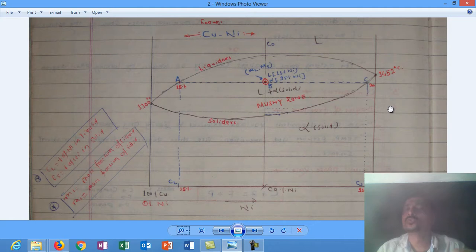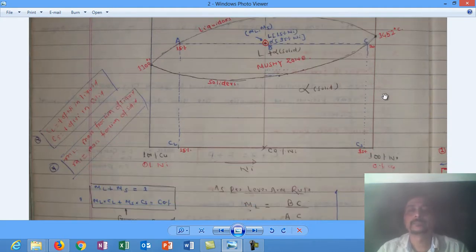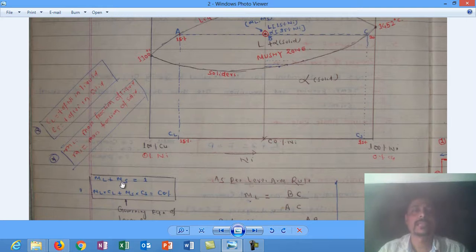If you add both, ml plus ms will be equal to 1. And the next important equation is ml times Cl plus ms times Cs is equal to C0. What is ml?